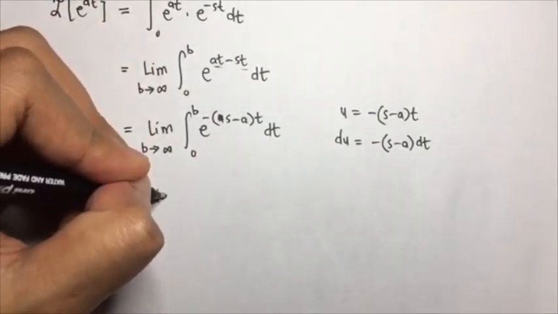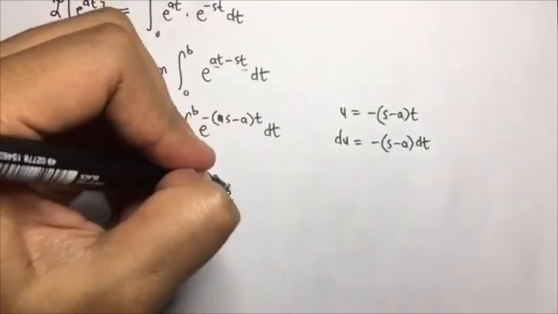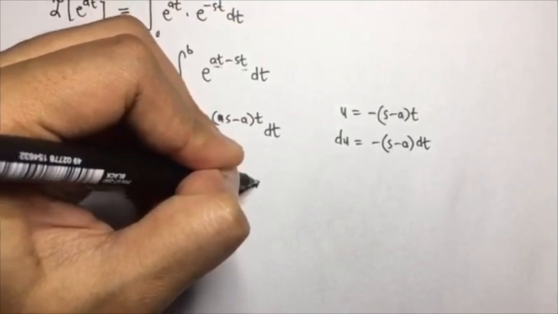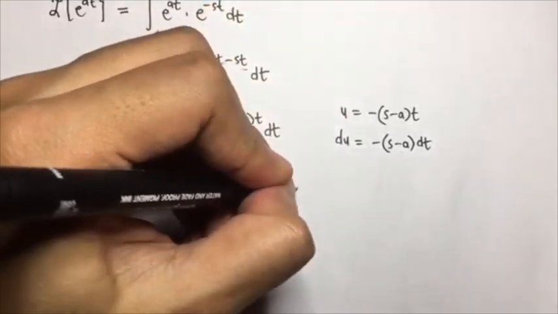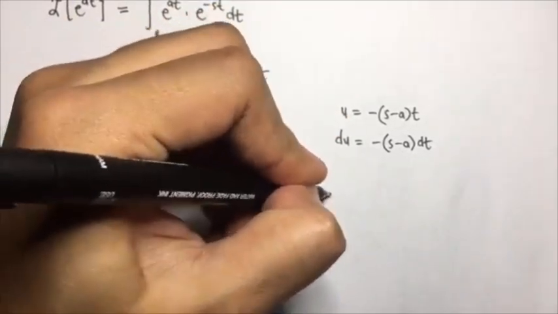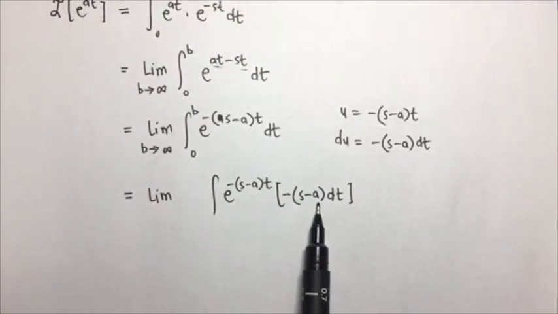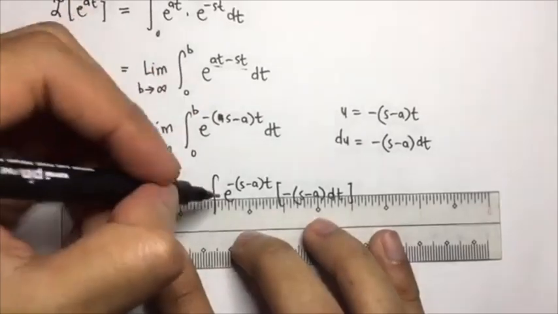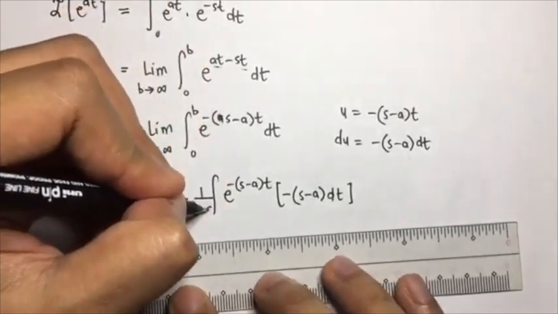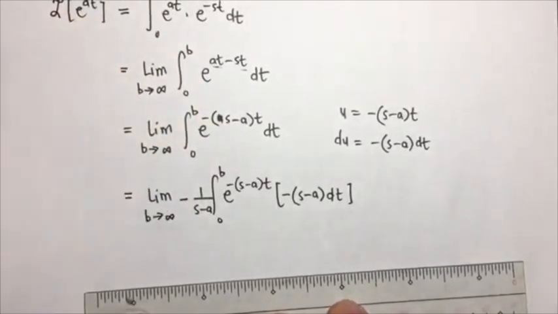So it becomes the limit of the integral of e raised to negative s minus a times t, multiplied by negative s minus a dt. Since we have written negative s minus a inside, outside the integral sign we must write its reciprocal, negative 1 over s minus a, from 0 to b as b approaches infinity.